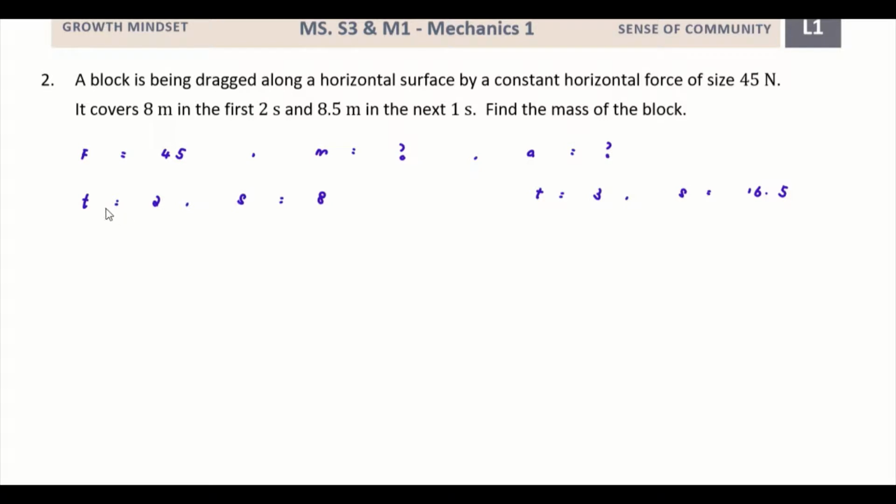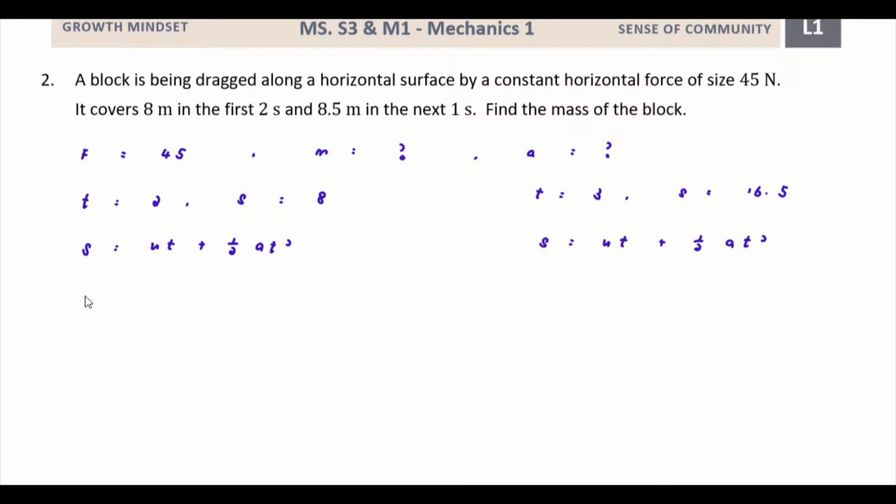So for us to connect t, s, u, and also a, we can use the equation s equals ut plus 1 over 2at square. Okay, so let me write down both and form the two equations.